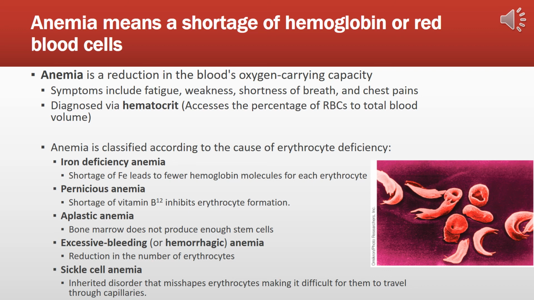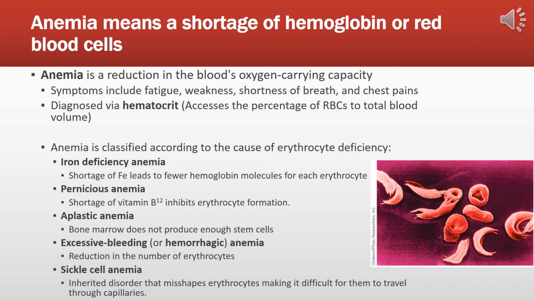And finally, there's sickle cell anemia, which is an inherited disorder which creates misshapen erythrocytes which cannot carry hemoglobin as well, if at all, and they have difficulty traveling through capillaries also.